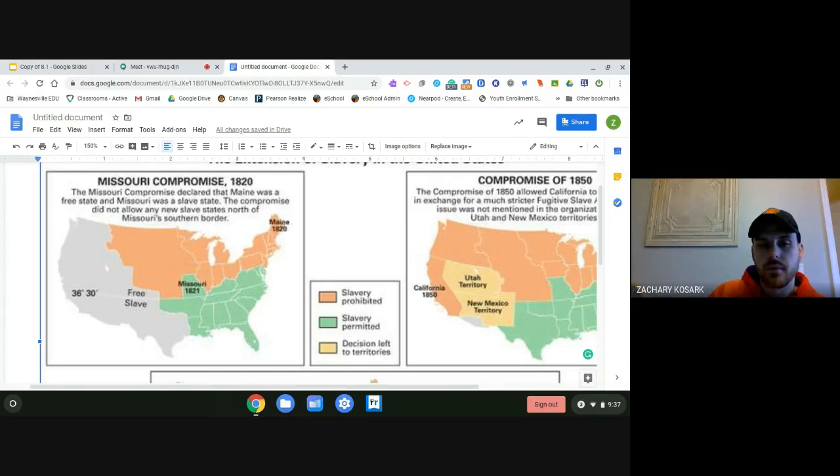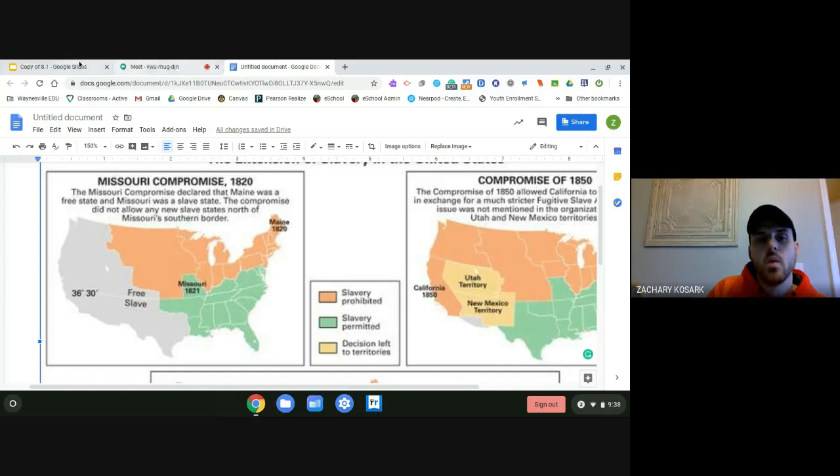Essentially, the Missouri Compromise declared that Maine would be a free state, Missouri would be a slave state, and everything south of Missouri's bottom border would be slave. If you extend this line out, all of this would be slave, and all of this up here would be free. Now, the issue is that when the Missouri Compromise was put into place, the gray stuff doesn't belong to us.